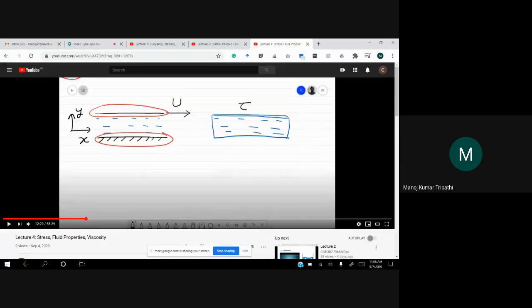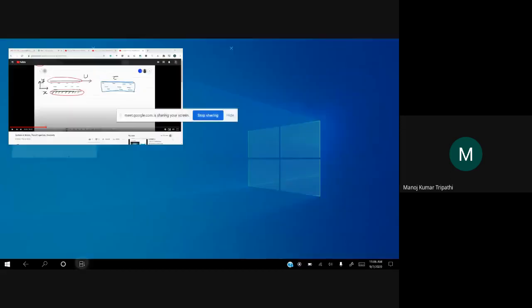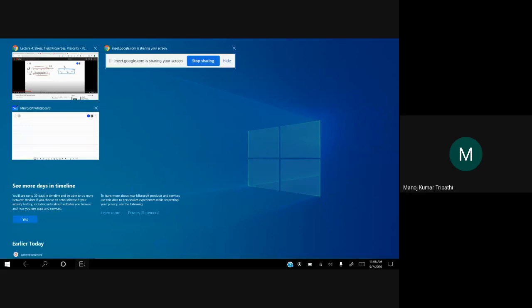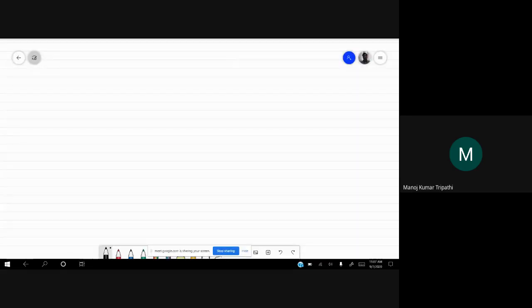Here we took an example of a flow between two plates. This is also known as Couette flow. So this parallel plate flow, where a fluid is filled in between two plates and the top plate is moving relative to the bottom plate, or the bottom plate is moving relative to the top plate, with gravity or without gravity.